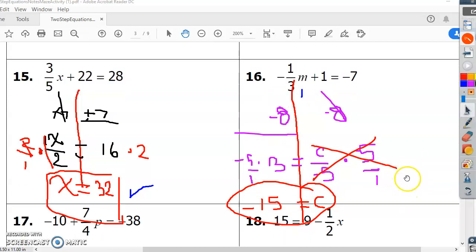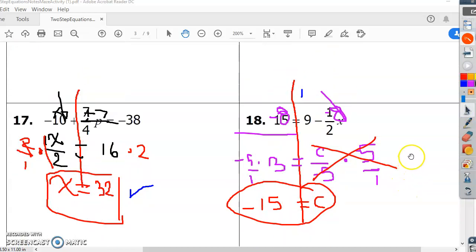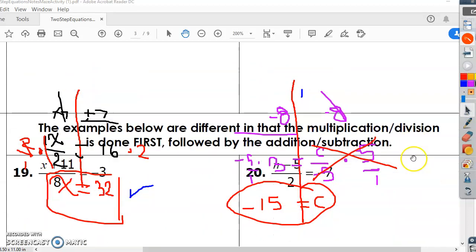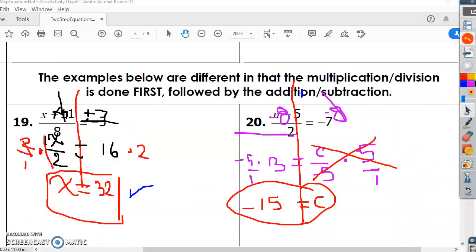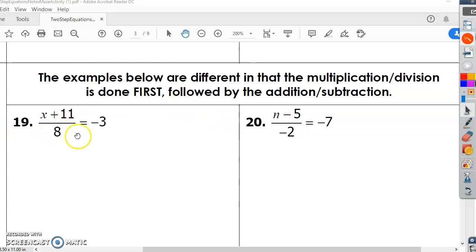I'm going to go ahead and do the last one that I want to show you. Right here, whenever you have a fraction, very easy, you're going to go ahead and multiply by 8 on both sides, and you get rid of the denominator.